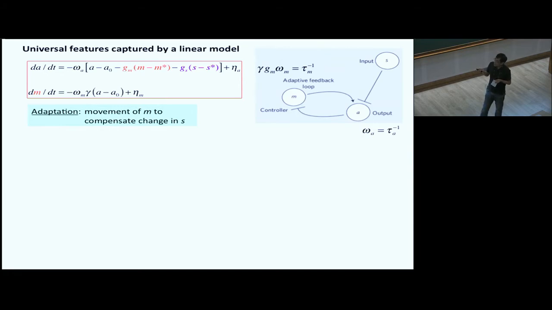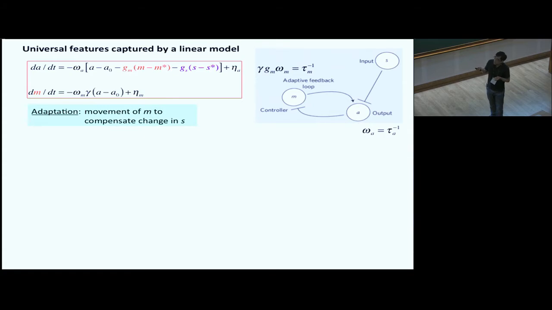So in the model, we consider this external environmental variable affects the behavior of the cell only through this observable A. And then from the second equation, you can see that this internal variable will stop changing only when this A returns to its normal value, A0.